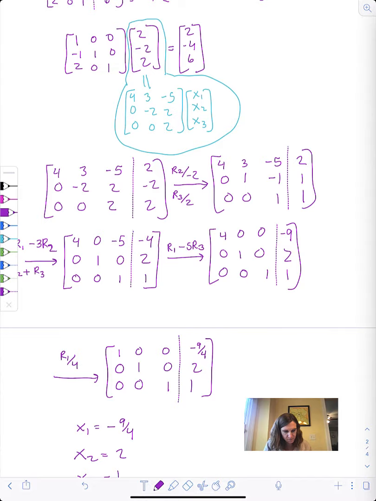Row 2 plus row 3 gives us a 2. Row 1 minus 3 row 2. So we had, I think what happened is I combined too many steps here.